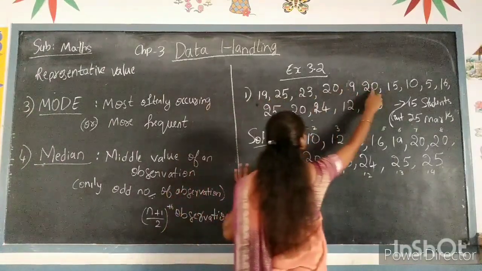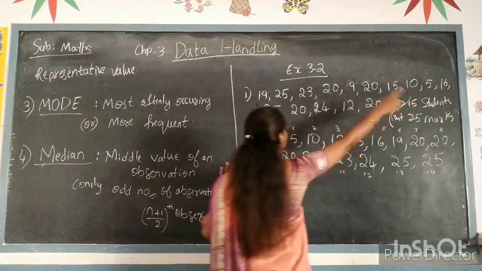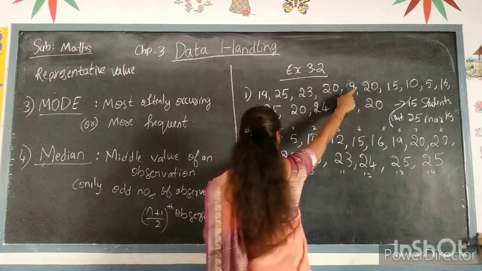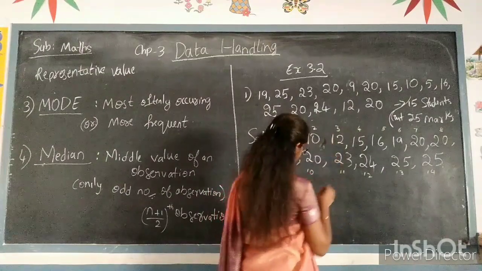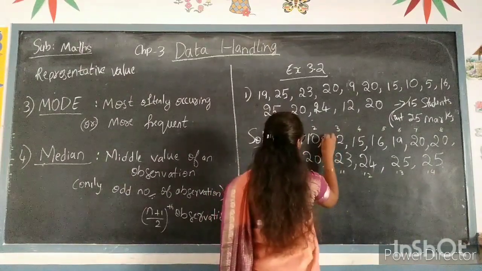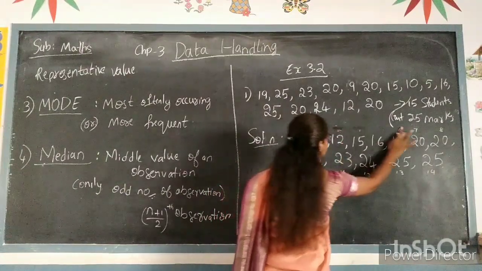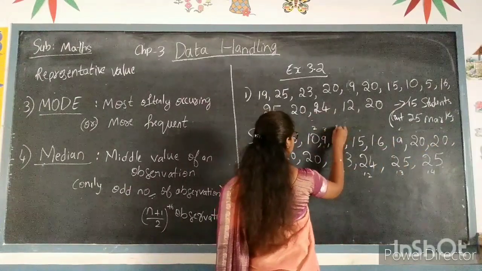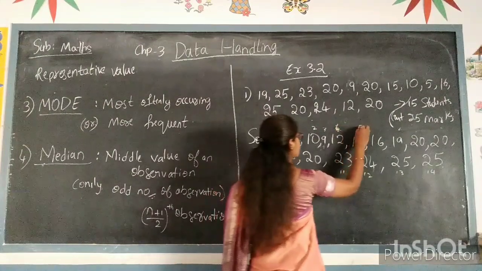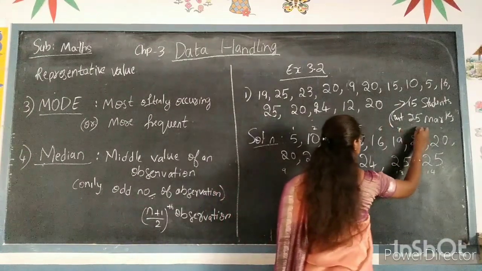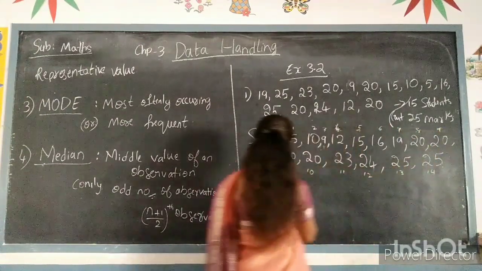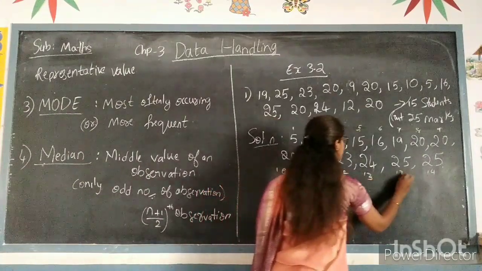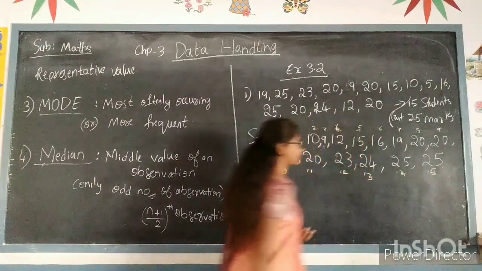We have missed out 9 here. Let's write 9 here. So 9 will be the third one, 12 will be the fourth one, then fifth, sixth, 7, 8, 9, 10, 11, 12, 13, 14 and 15. Let's correct it.